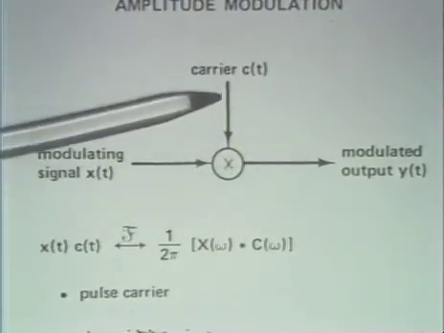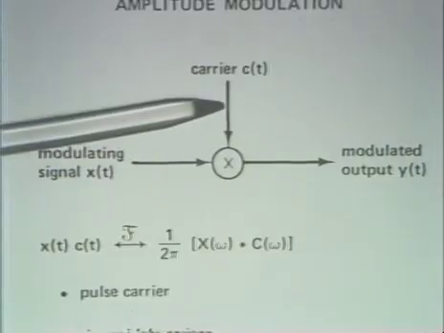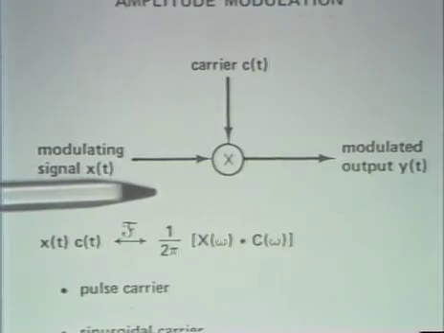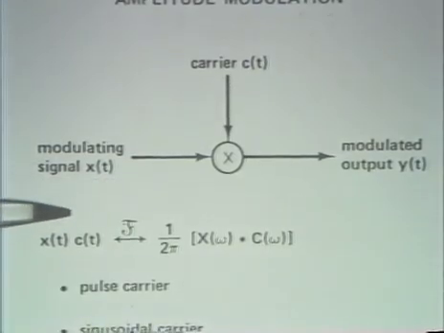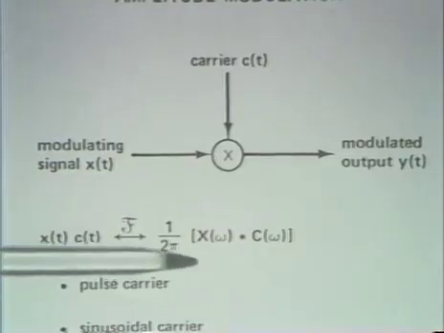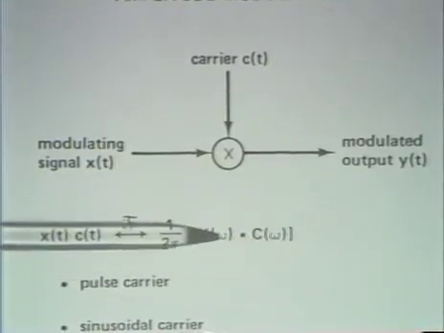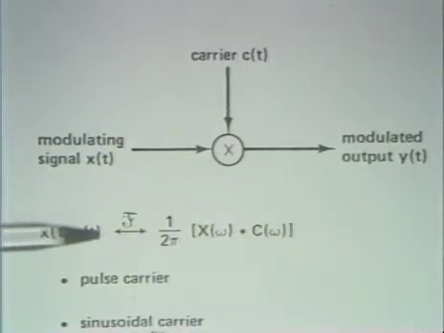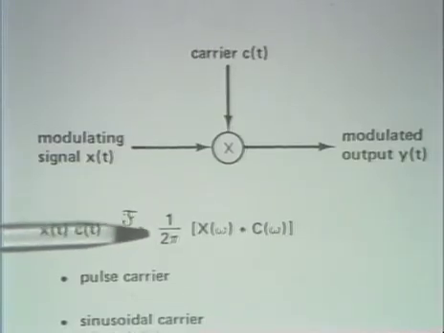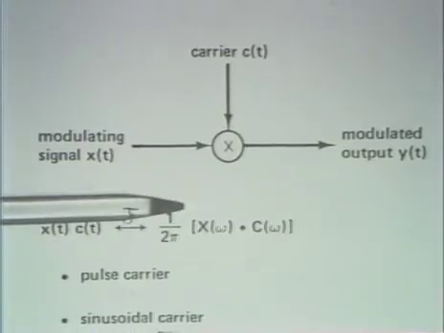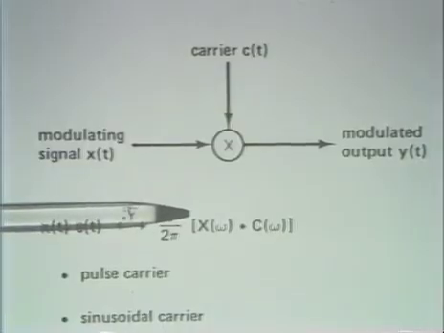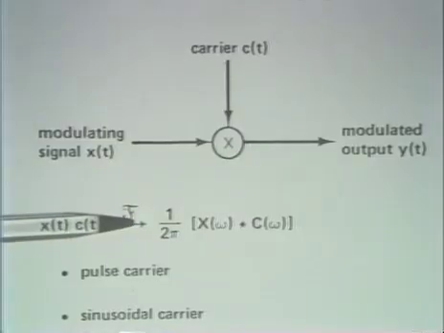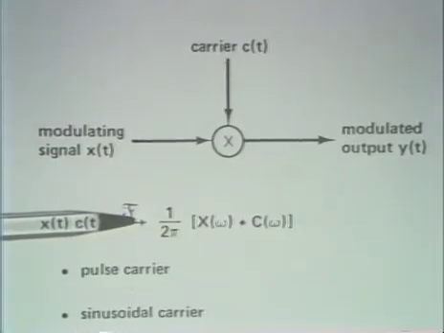Now, to analyze this, since we have multiplication in the time domain, we know from the modulation property of the Fourier transform that we've developed previously that multiplication in the time domain corresponds to convolution in the frequency domain. And it's this basic property or equation that lets us analyze in some detail the notions of amplitude modulation. As we go through this lecture and the next lecture, we'll be talking, as I indicated, about several different types of carrier signals.